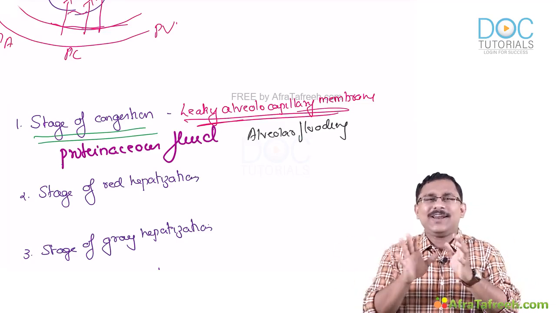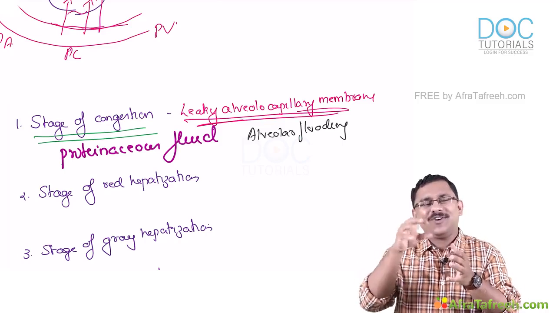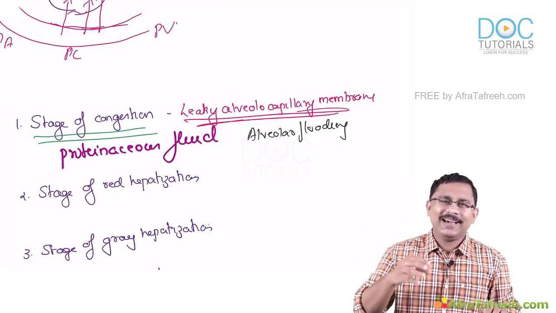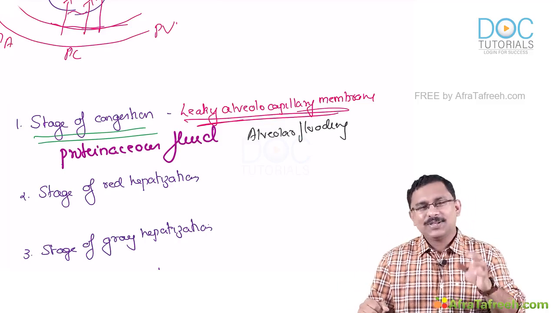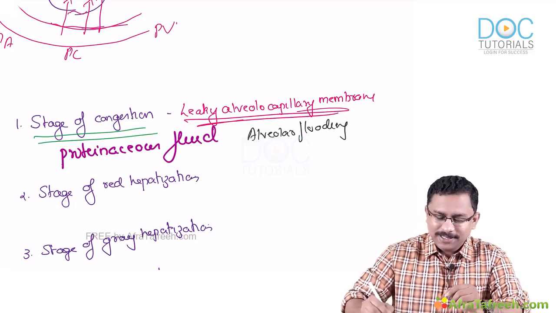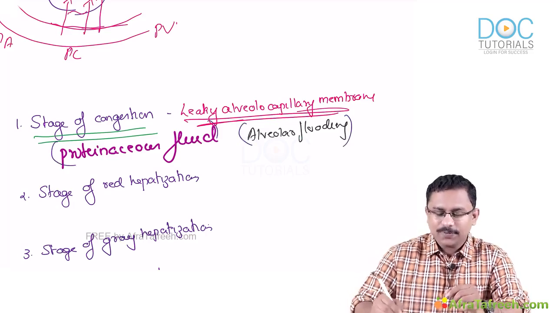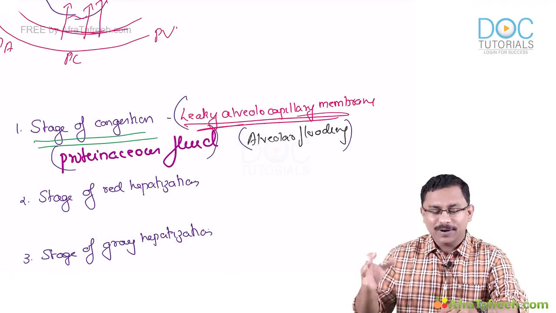Previously your alveoli was full of air, but now you have all this fluid, and subsequently the inflammatory cells will come in the subsequent stages. So it's almost like alveolar flooding. So that is what happens in the stage of congestion. Proteinaceous fluid, a leaky alveolo-capillary membrane, alveolar flooding.